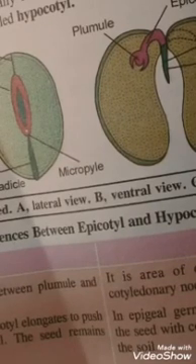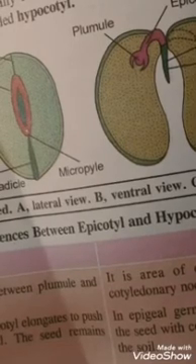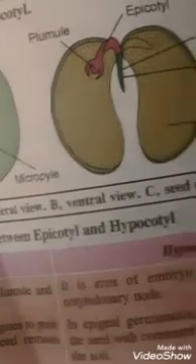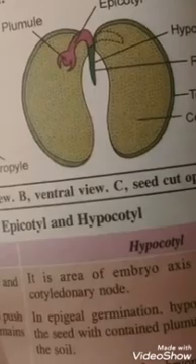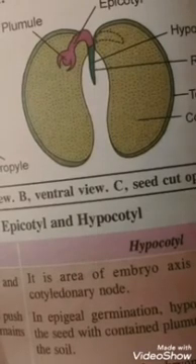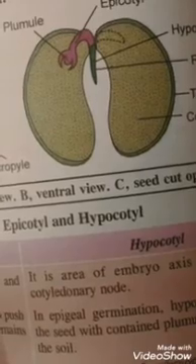If there is only one cotyledon in a seed, that type of seed is called monocotyledon or monocot seed. If there are two cotyledons, then it is called dicot or dicotyledonous seed.